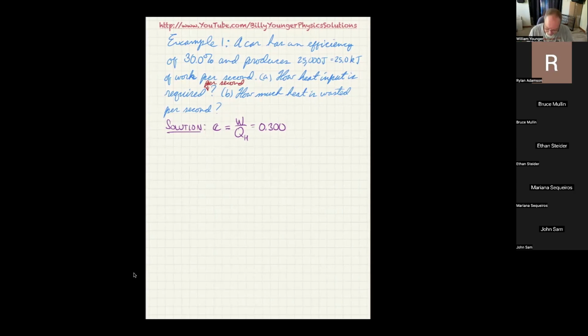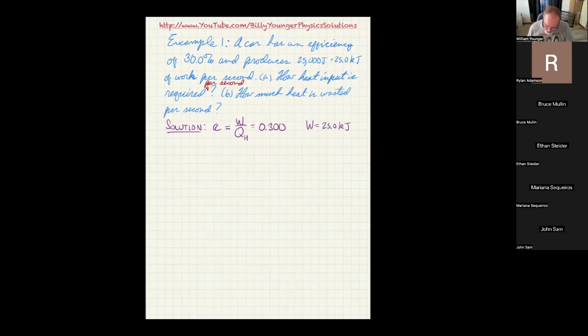Or is it E? Anyone? Let me open up my chat. It seems like my chat did not come up, just in case anybody else is asking questions. Anyone? All right, so the reading says a car has an efficiency of 30% and produces 25.0 kilojoules of work per second. So the work is what that is. So W is equal to 25.0 kilojoules.